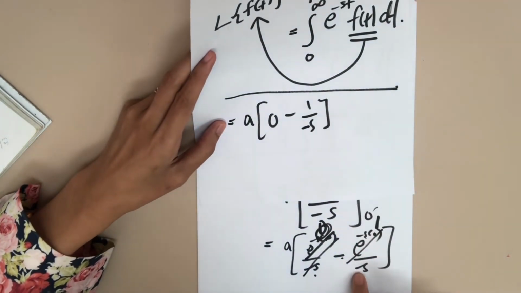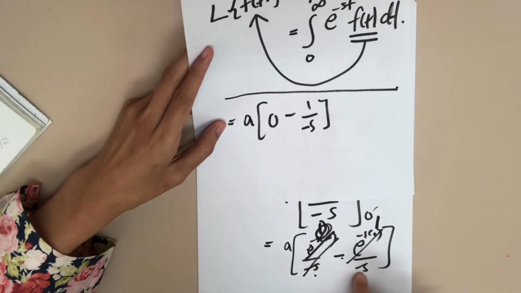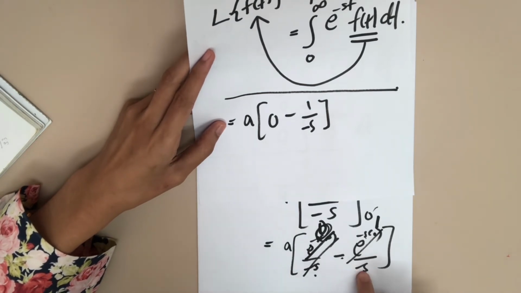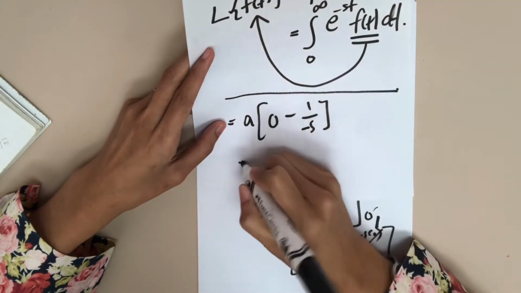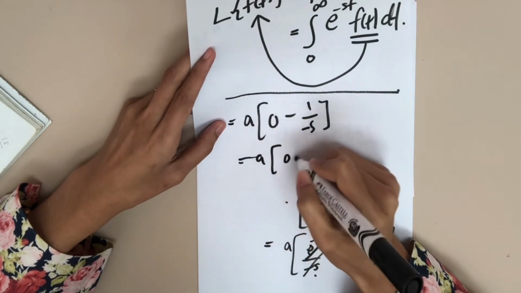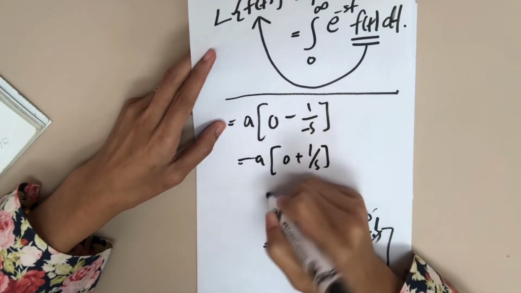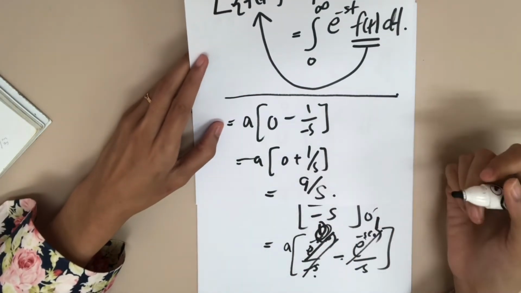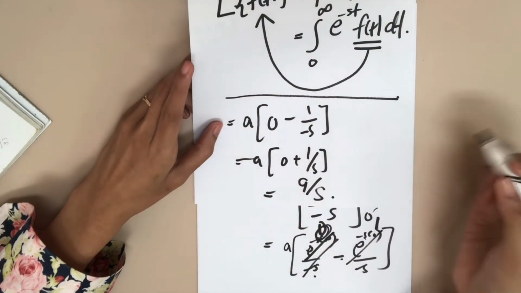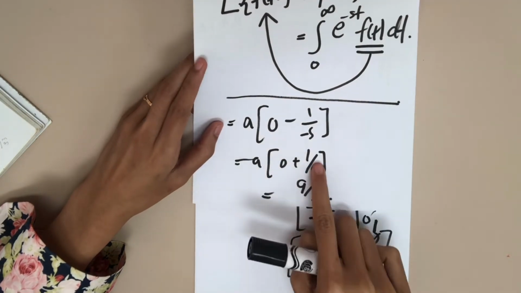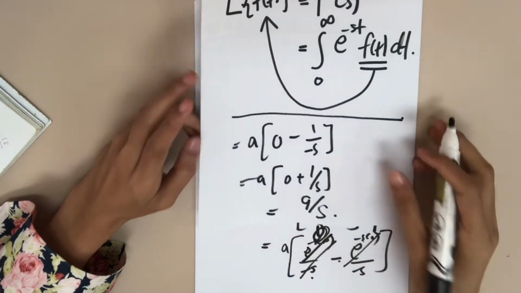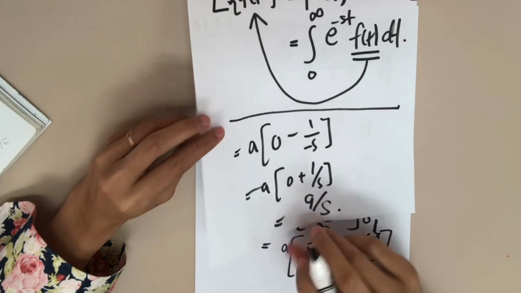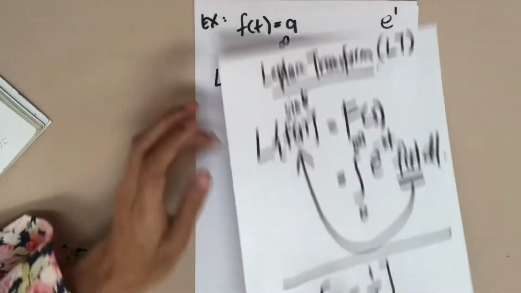Don't forget to write the negative here. So negative and negative become plus. So a times 0 plus 1 over s. Therefore the answer will be a over s. A times 1 over s, of course, is a over s. So this is the answer.